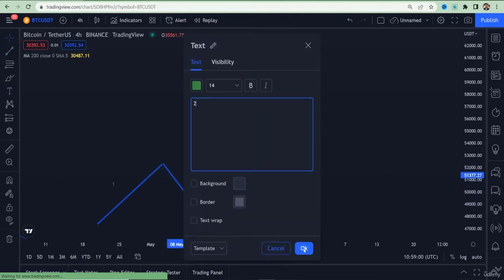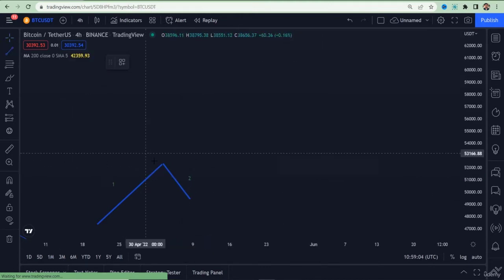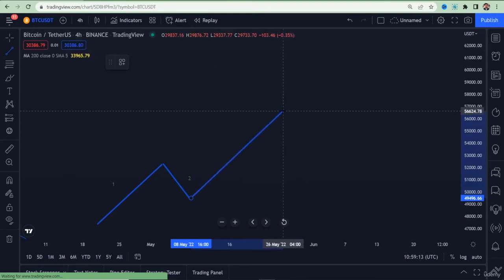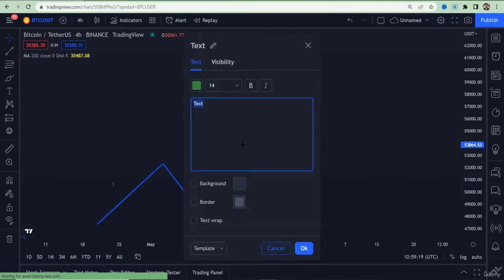This Elliott wave is very easy to learn, but it is hard to master. So you need to take a look at this course very carefully and try to understand. Okay, after the second correction move, there will be a third impulse wave, and we'll name it number 3.